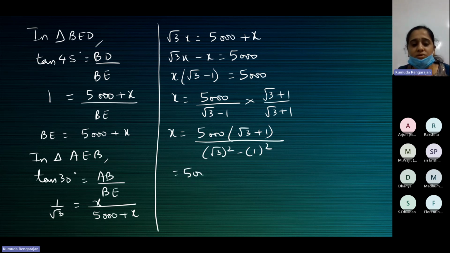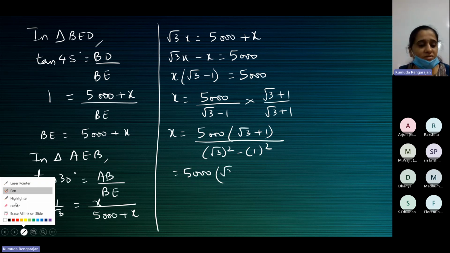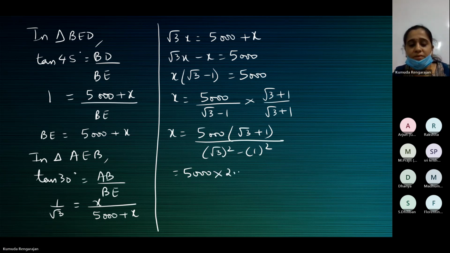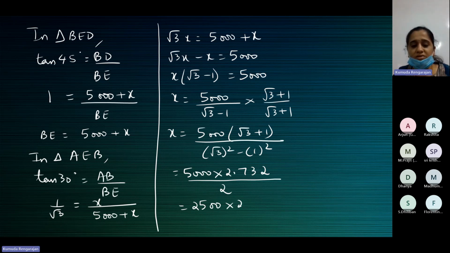So 5000 into root 3 plus 1, children, is 1.732 plus 1, 2.732, divided by 3 minus 1, 2. Then 5000 by 2 is 2,500. So 2,500 into 2.732.